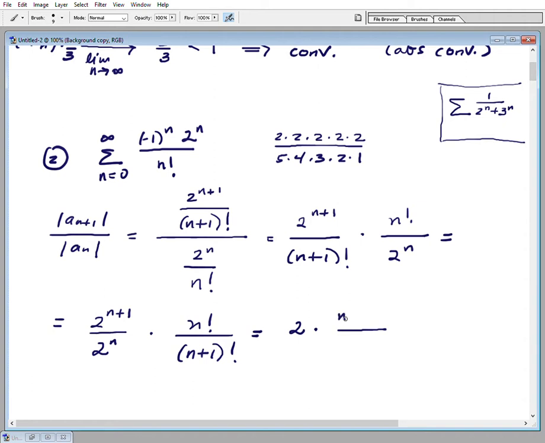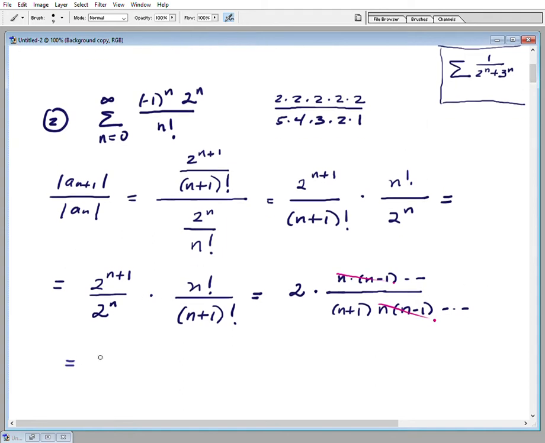This starts with n times n minus 1 all the way down, and this one starts with n plus 1, n, n minus 1, and down. So you see, we get all this canceling. We're left with 2 over n plus 1.